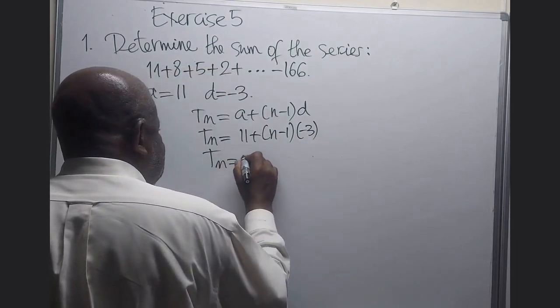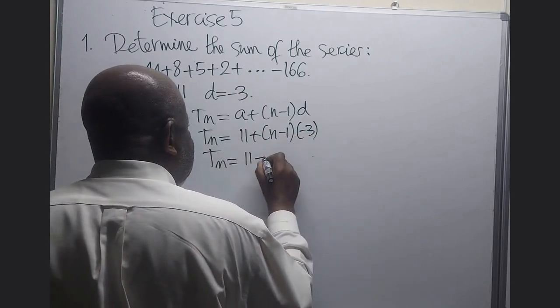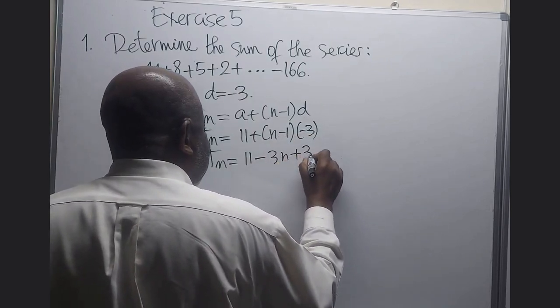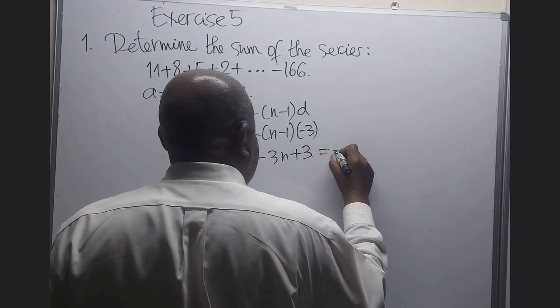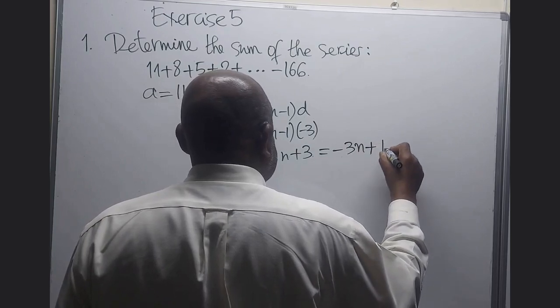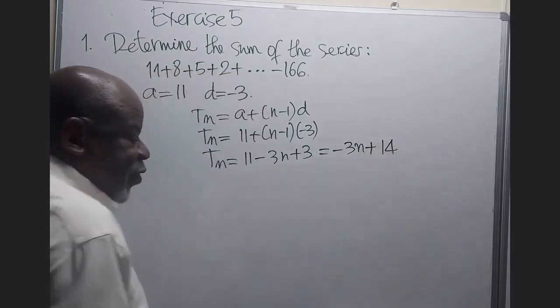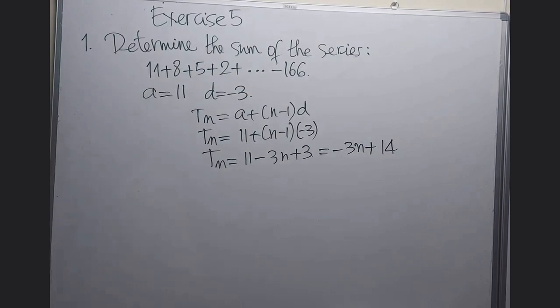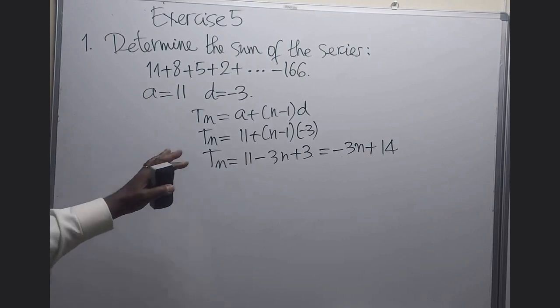What are we going to get? Here we're getting minus 3n plus 3, and this is going to be equal to negative 3n plus 14. Minus 3n plus 14 is our general term.